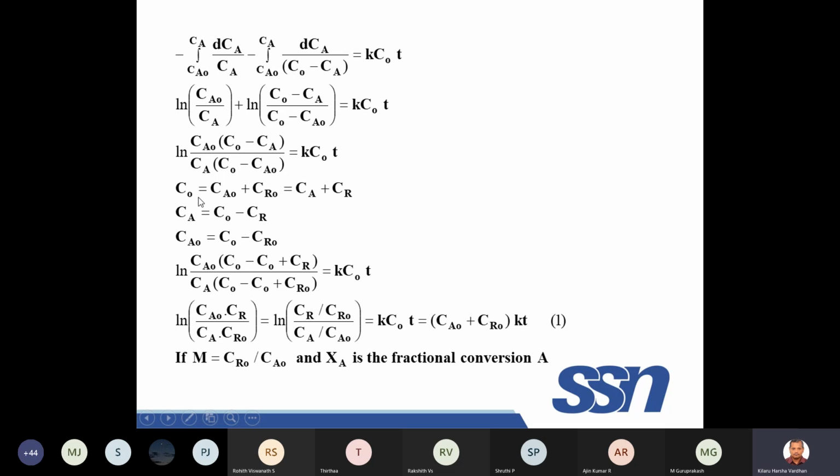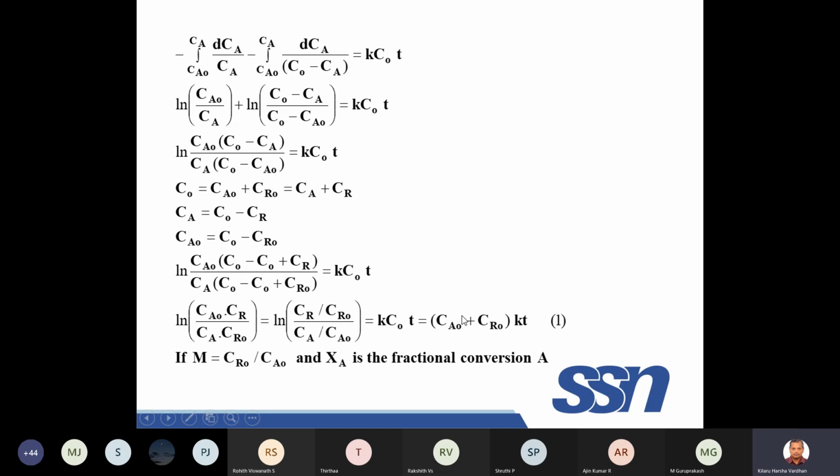We can use C0 is Ca0 plus Cr0, so try to eliminate some of the terms. You can write Ca as C0 minus Cr, and Ca0 as C0 minus Cr0. Substituting that, we are landing with one big equation, ln of Ca0 by Cr Ca.